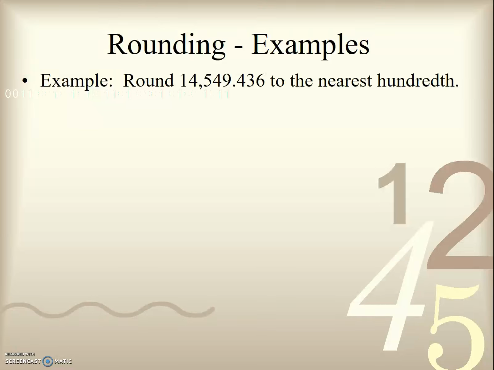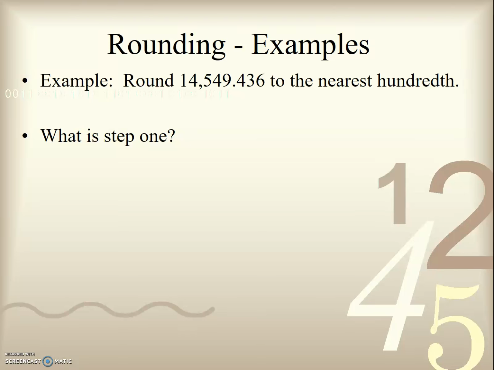Let's practice this with the same number and practice rounding to a couple other positions. All right, so our example number 1, it says rounding to the nearest hundredth means rounding to 2 decimal places. So I'm just looking at letter D, Roman numeral 1 underneath it. So what is step 1 again? We're going to identify the number in the position you are rounding to, and then we're going to look at the number to the right of that.